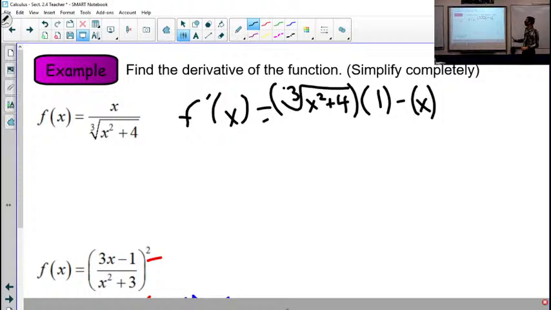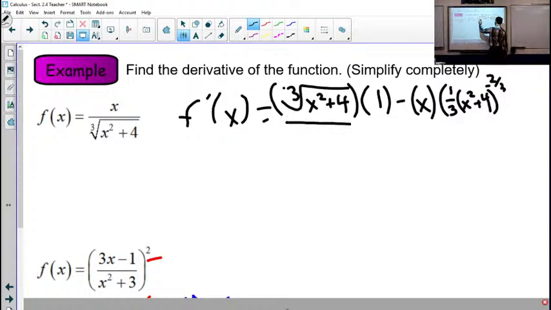This is x squared plus 4 to the what power on the bottom? 1/3. So we're going to say that it's 1/3 times my innermost function, x squared plus 4, to the negative 2/3. Over the square of what's below.